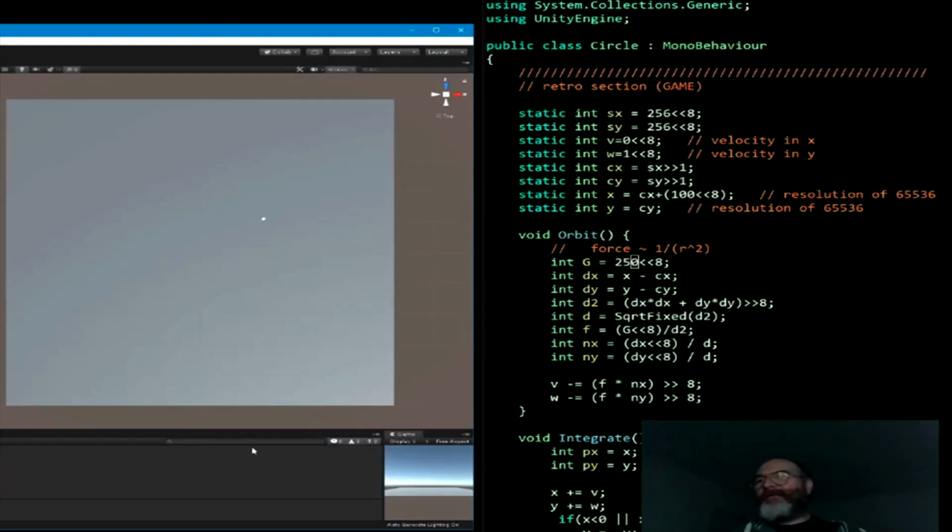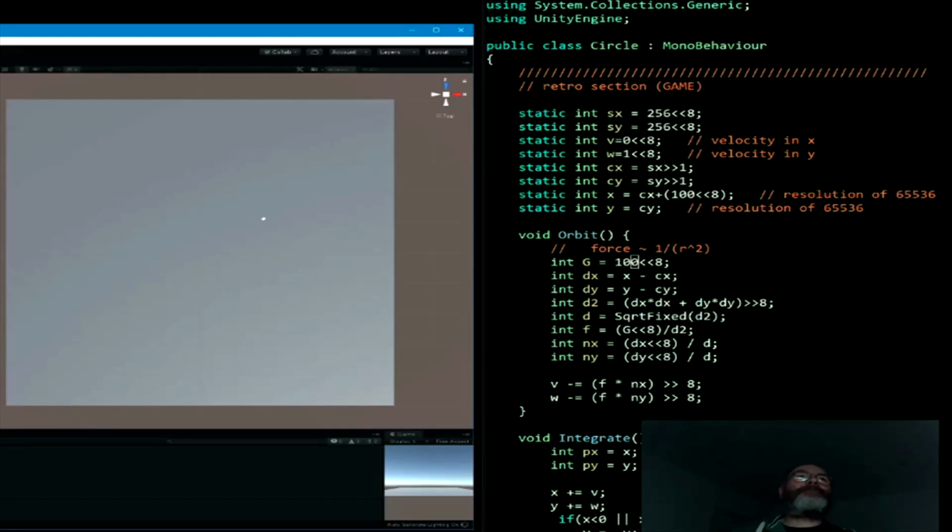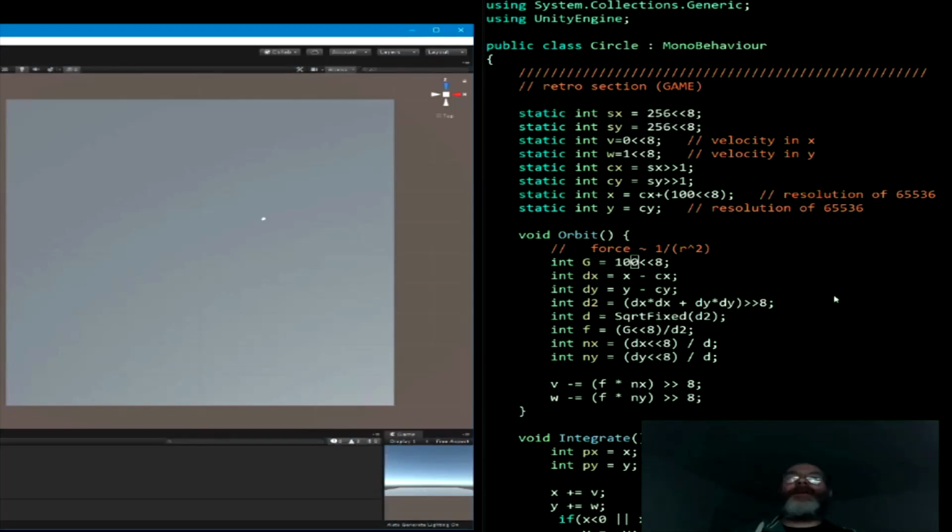A large amount of instability. But do bear in mind, I am doing this in fixed point, and it's only 8.8 fixed point. So the precision is not going to be great, and there's not really a lot that can be done about that. I'm going to try reducing the speed a little more, the gravity a little more.